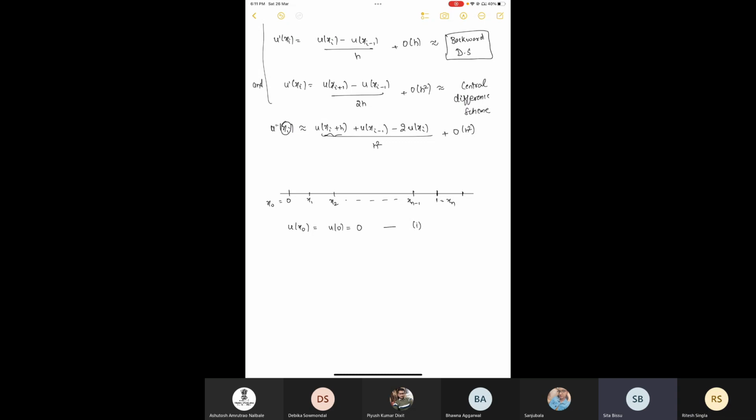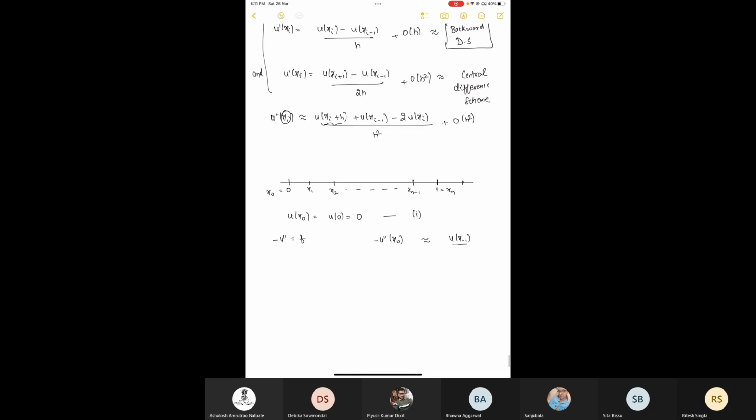Is this fine? Yes, sir. Now we have to use our given condition, that is minus u double prime is equal to f. We can't find u double prime at x naught for sure, because we don't know u at x of minus 1. From our approximation, it would need u of x1, u of x0, and u of x minus 1.